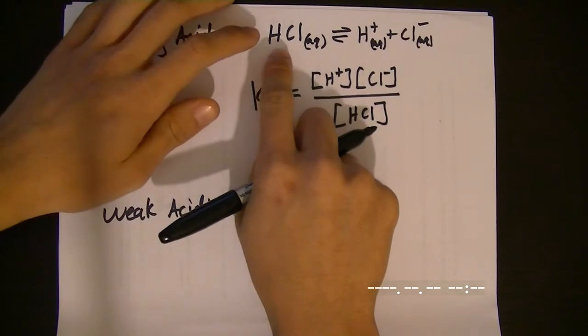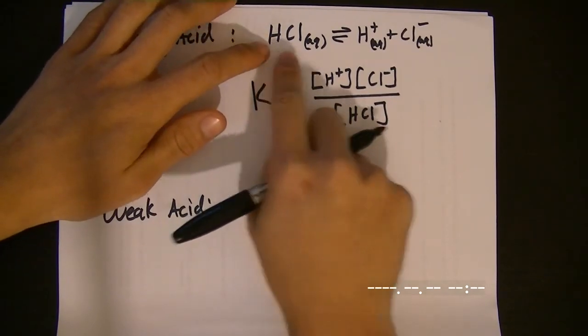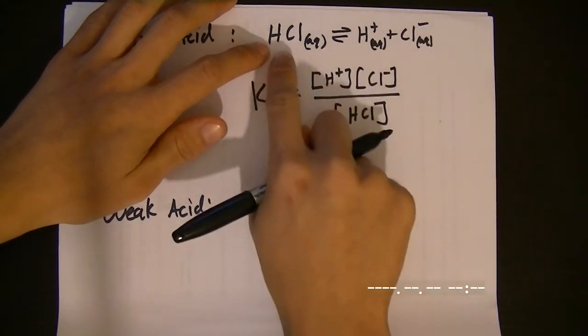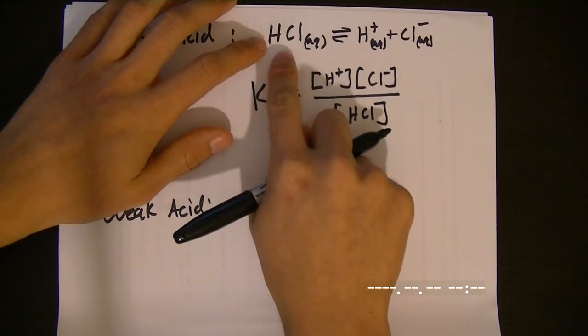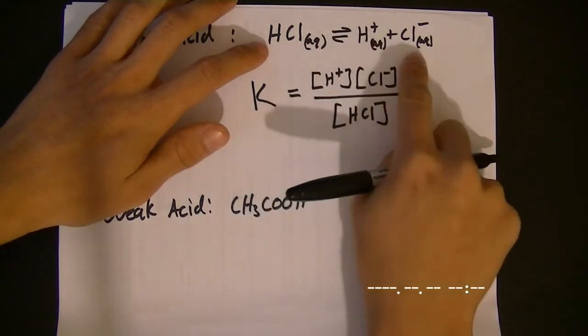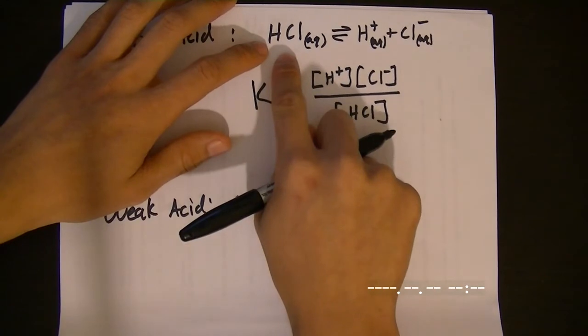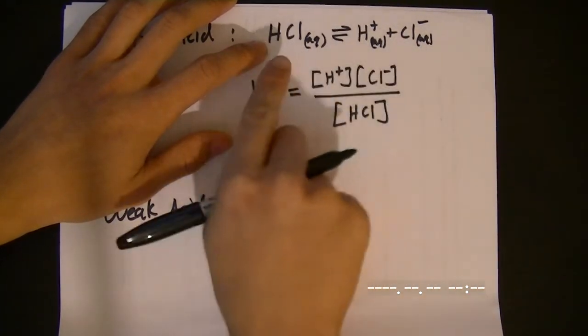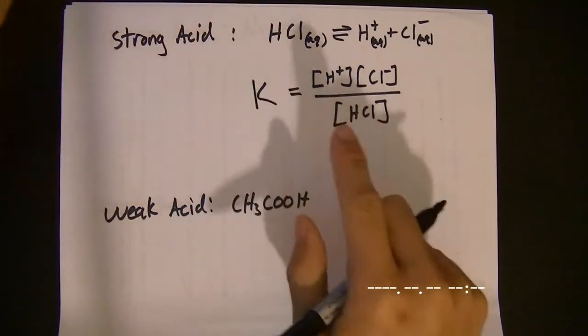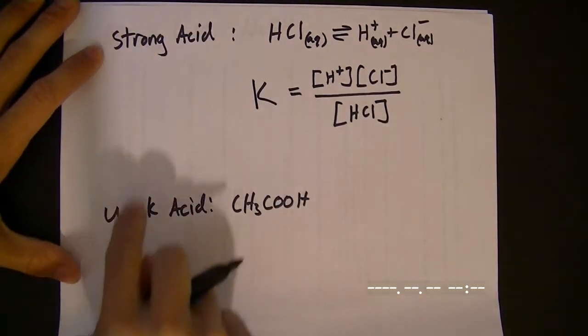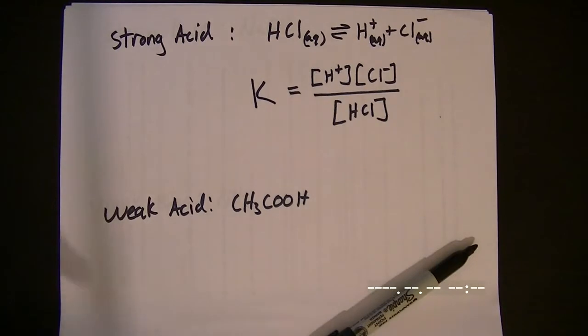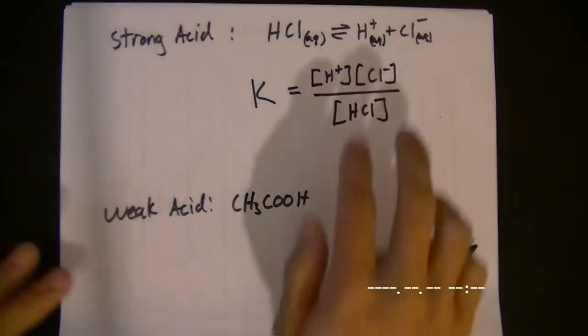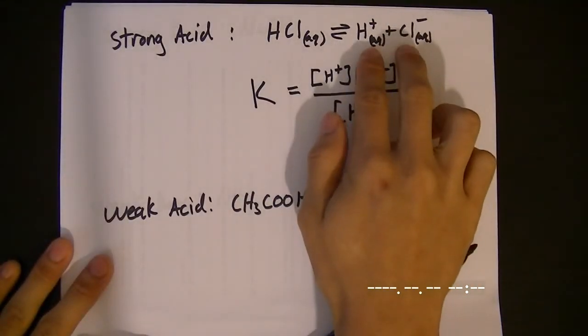Now, if I said that this is the strong acid and this is the conjugate base, what I mean by a strong acid is that this is a stronger acid than this is a base. This is more likely to dissociate than this will take up. What we mean by strong or weak is their ability to dissociate, to break up into ions and react with things.